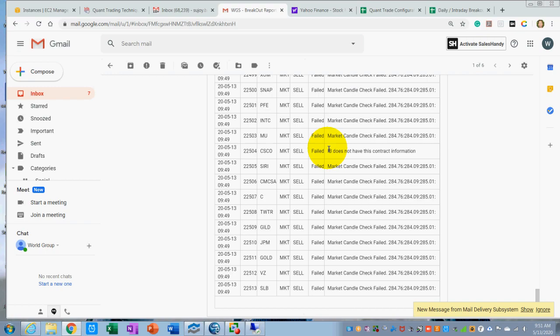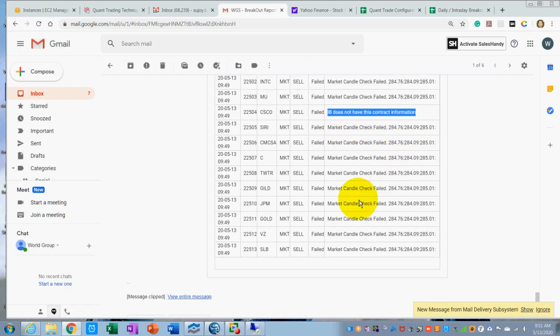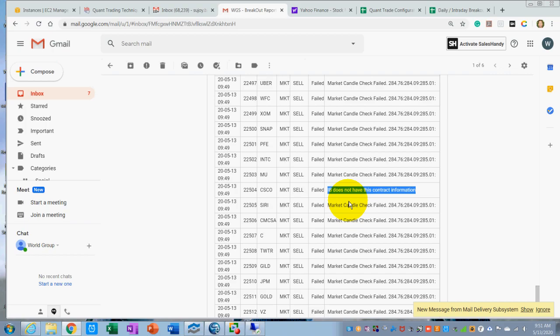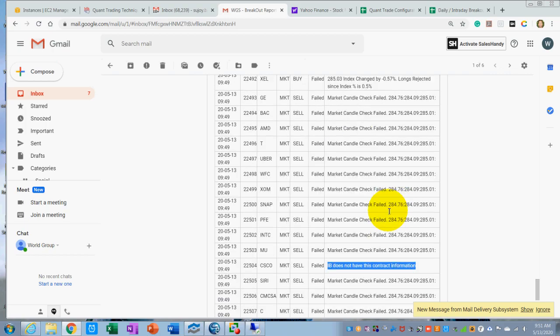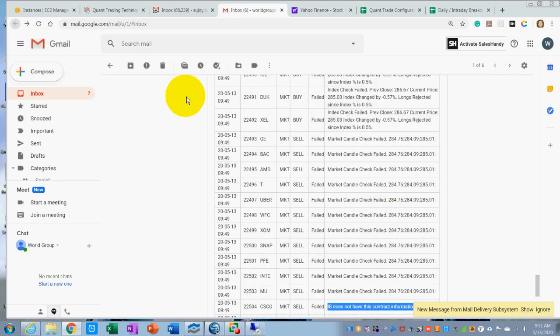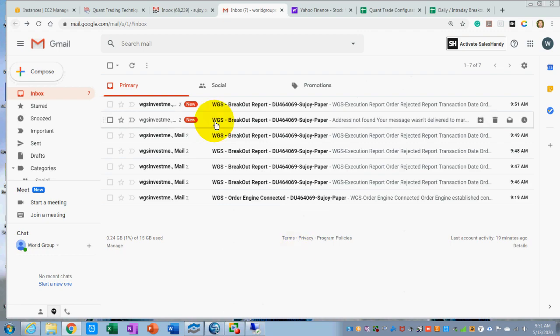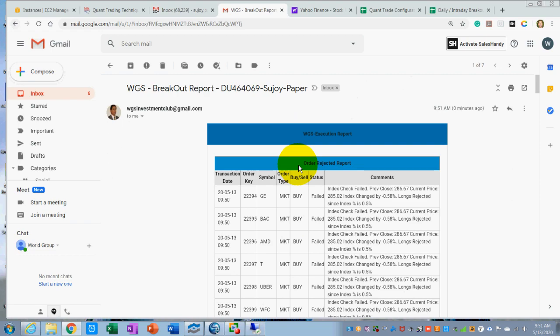Sometimes you will get information like the IB does not have the information. Maybe in the next round of scanning it might get the information, but now it did not, because it is taking live data. So although the market qualified, it did not qualify any transaction yet.